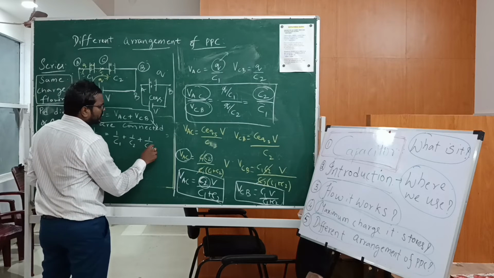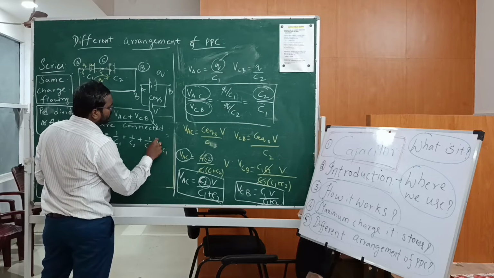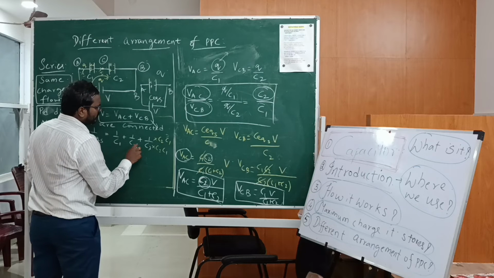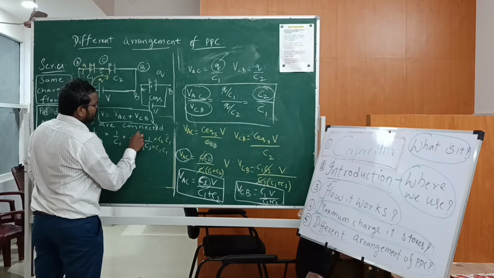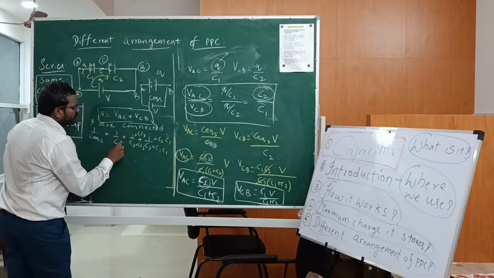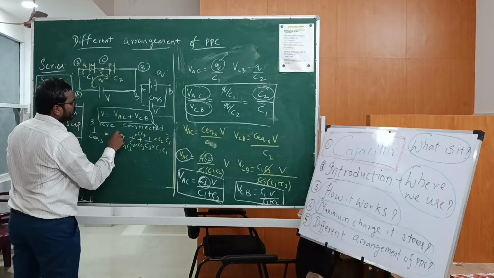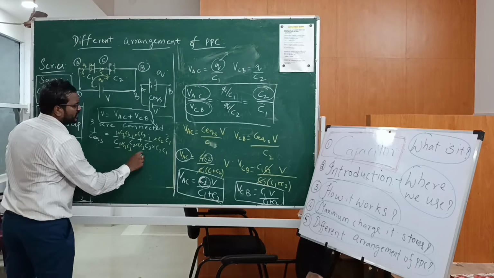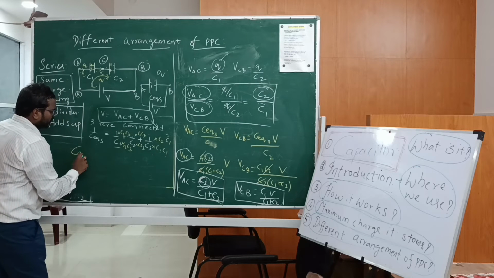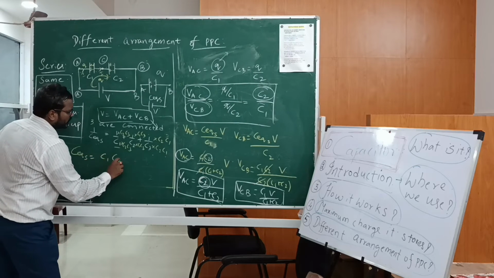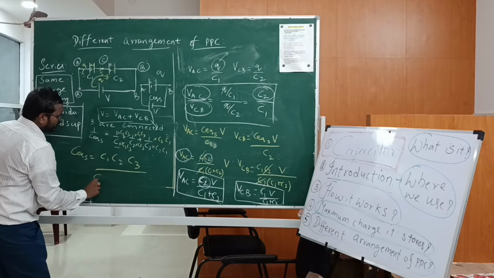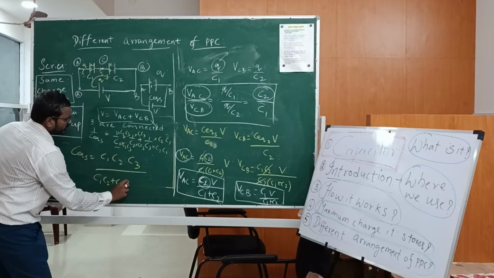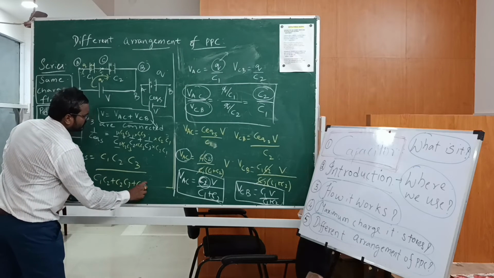Taking the LCM, C3 should be multiplied with C2 C1, this is C1 C3, this is also C1 C3, and C1 is multiplied with C2 C3. So C equivalent in series is going to be C1 C2 C3 by C1 C2 plus C2 C3 plus C3 C1.